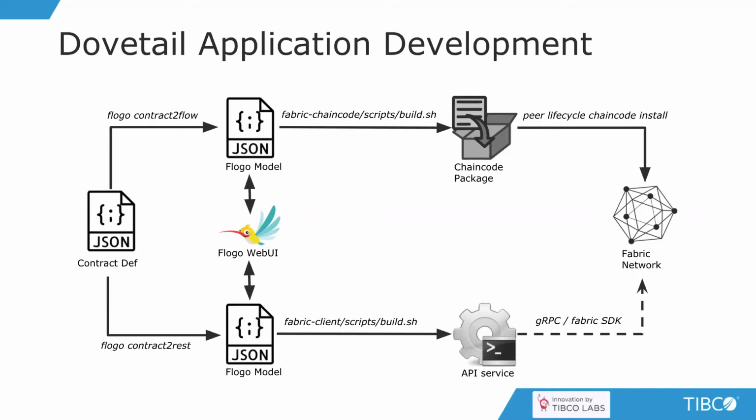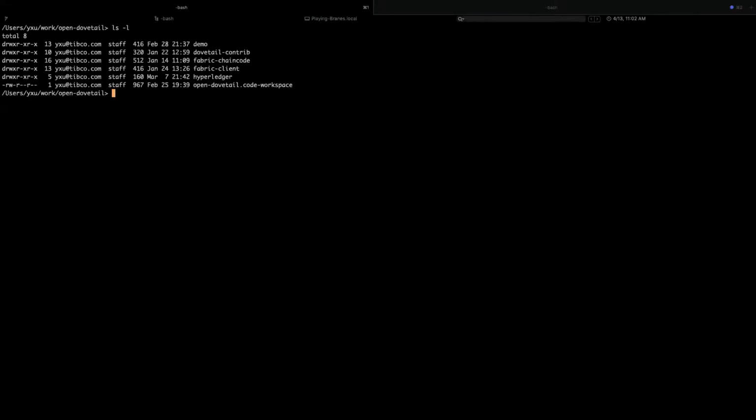So let me show you an example. Here, we've installed the open Dovetail packages. The most important one is the Fabric chaincode, which in the last session we demonstrated how to set up.